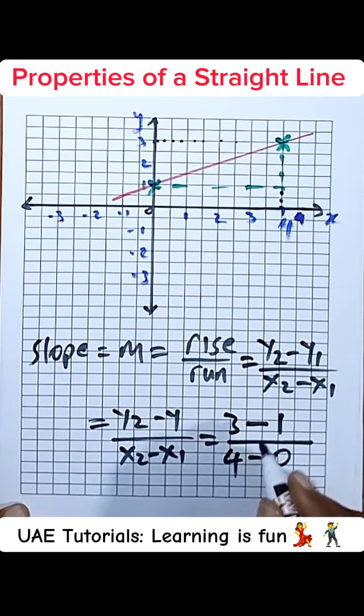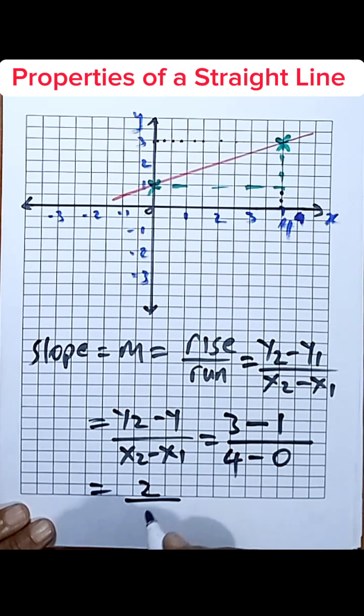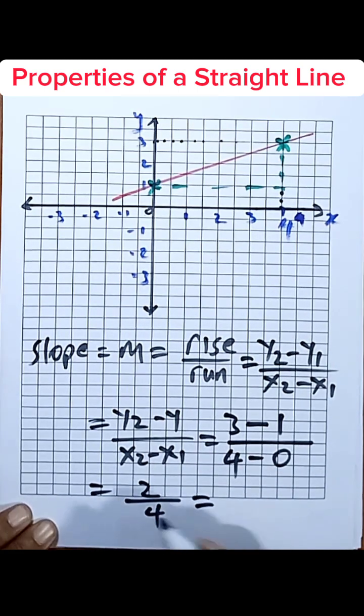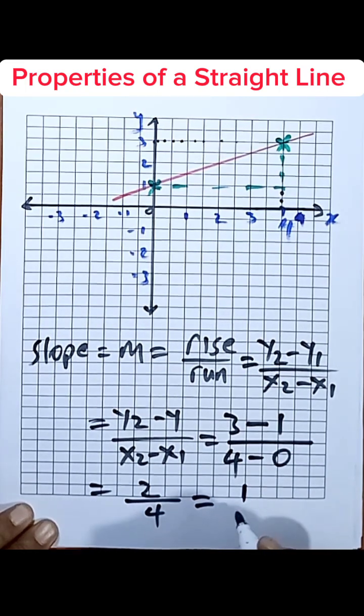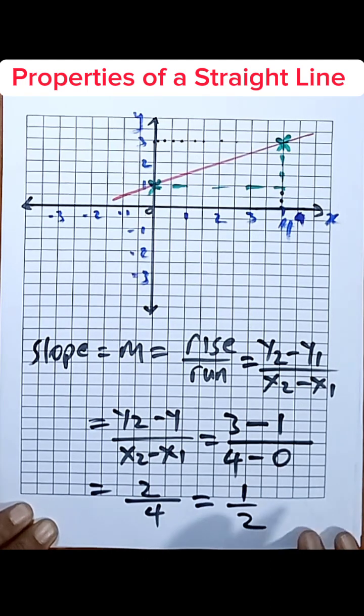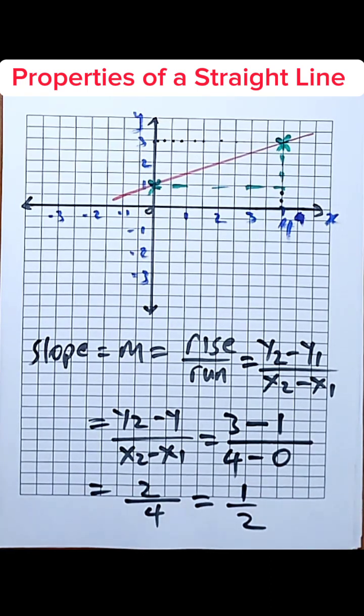So 3 minus 1 is 2 and 4 minus 0 is 4. We can reduce this. Remember the rules of fractions, you divide both sides by 2. It equals 1 over 2. So this is our graph. It is a half.